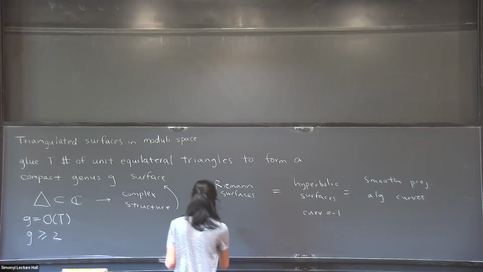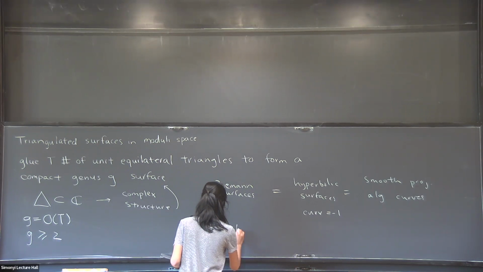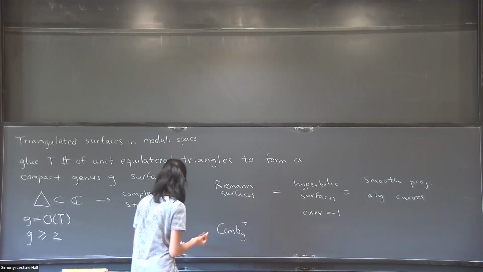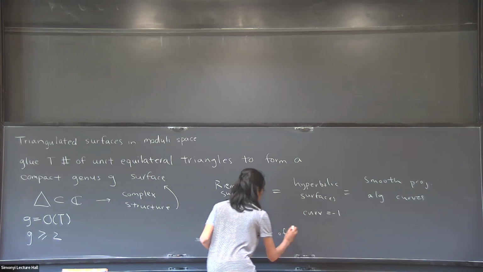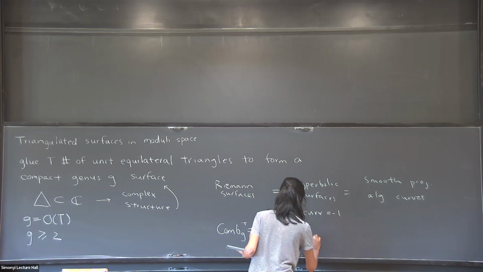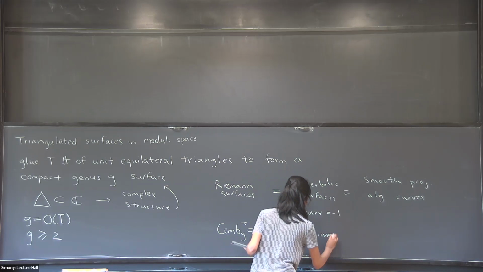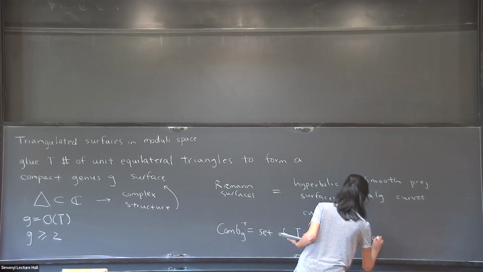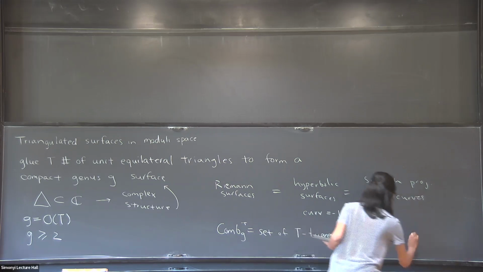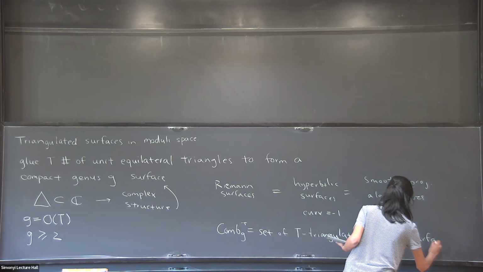And we let comp GT be the set of T triangulated genus G surfaces.